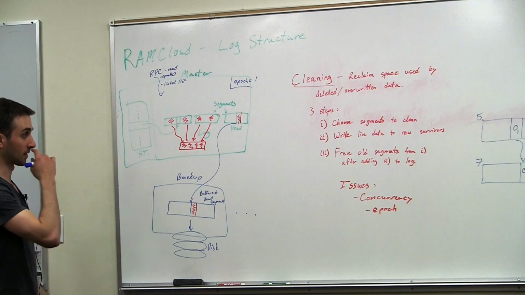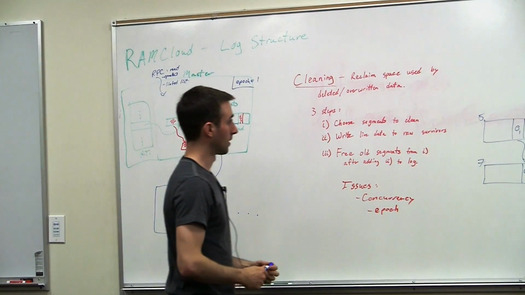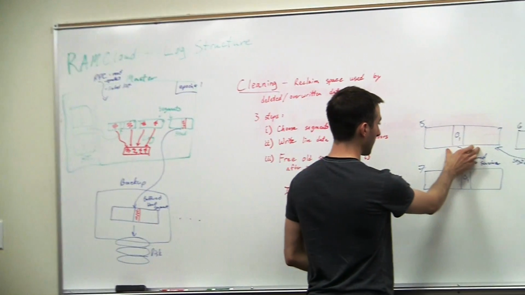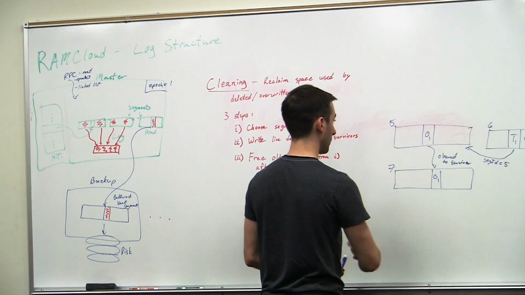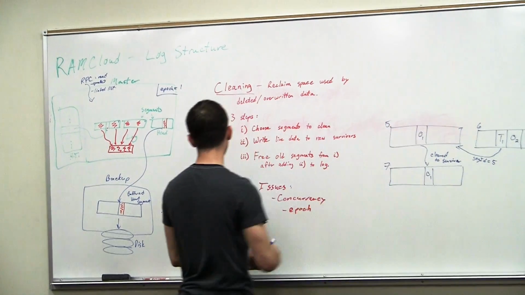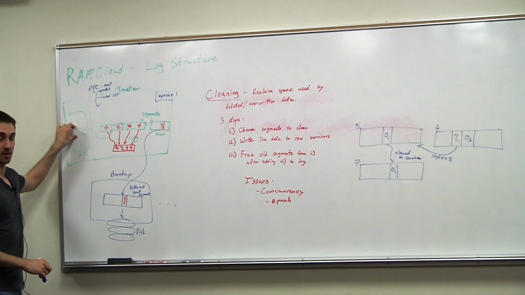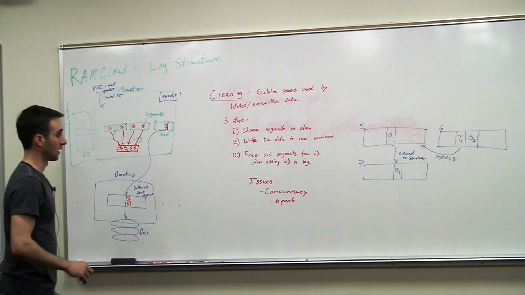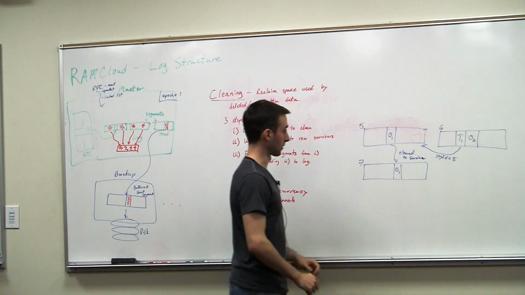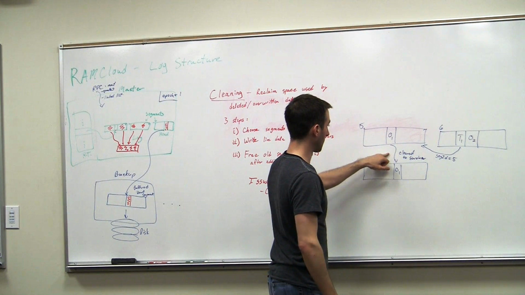At the start of the overwrite RPC handler, it will hash the key for the object that you're overwriting, and it will grab a giant lock around the bucket that points to that object. And the cleaner will actually do the same thing when it tries to relocate that object.